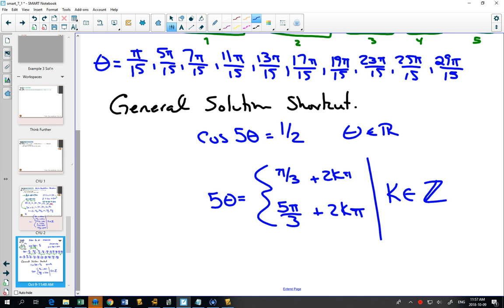If this was just cos x equals 1/2, that's what you do. X equals, right? Are you following what I'm doing here? I just solved the general solution first, which means find my two answers between 0 and 2 pi and add 2k pi. But what do I have here instead of just an x? I have 5 theta. How do you get theta by itself? Divide by 5.